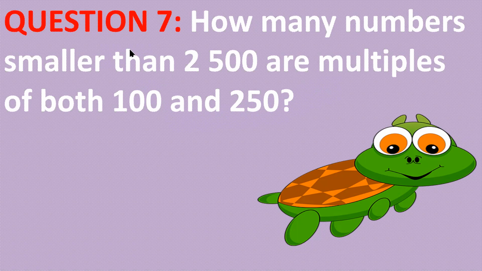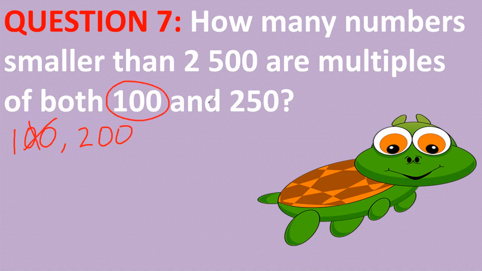Okay, let's write our numbers. Let's start with hundreds, because we know multiples of 100 start with 100. 100 is the first number we are writing. Is 100 a multiple of 250 also? No, this one is gone. And then another multiple of 100, 200. I'm just carrying on with one of these.